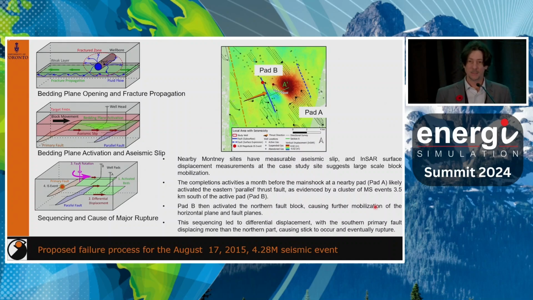By creating that connectivity, we think the fault was lubricated, the pressure changed, and ultimately, through a much more complex kinematic process that Thomas will explain much better than me in front of the poster, there was a major rupture that created the 4.3 magnitude event.